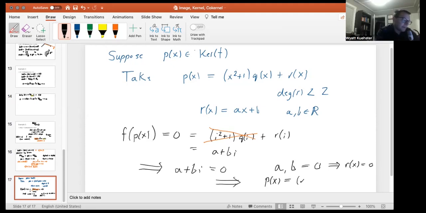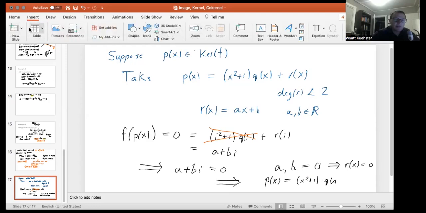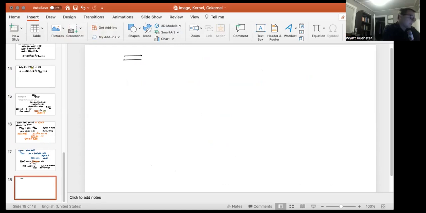In other words, p of x was x squared plus 1 times q of x, which is exactly what it means for p of x to be in the ideal generated by x squared plus 1. Okay, so I think that's the end of the video.